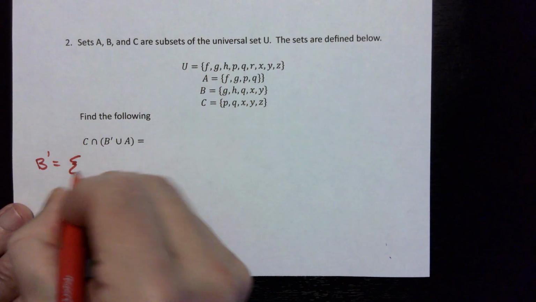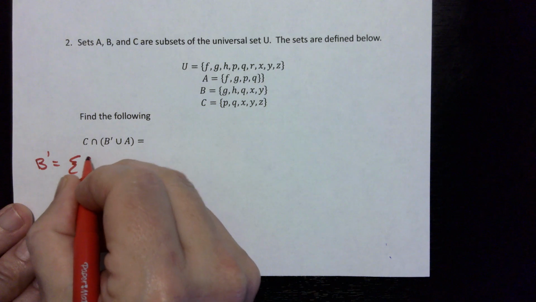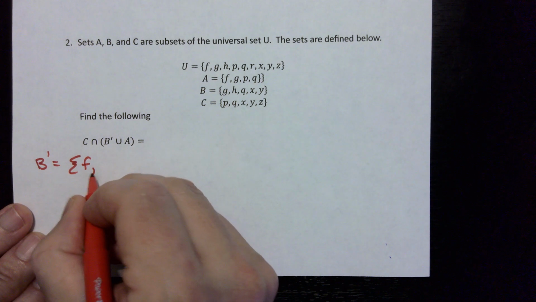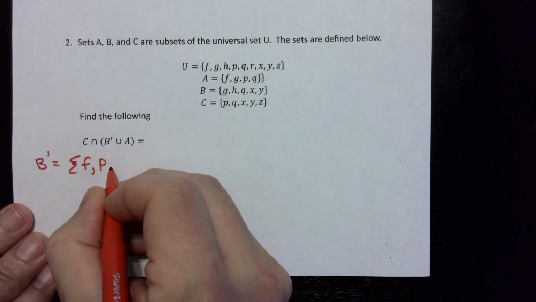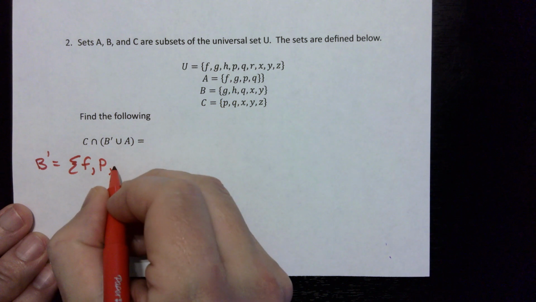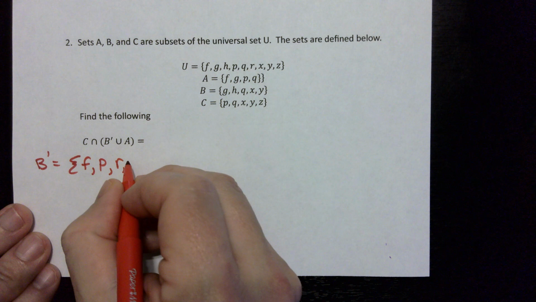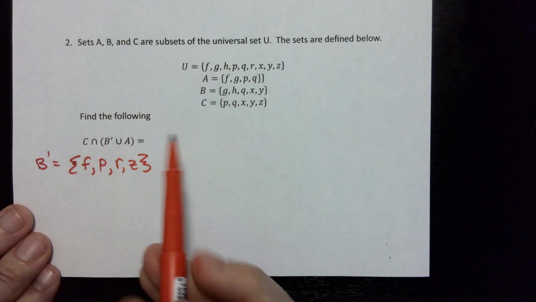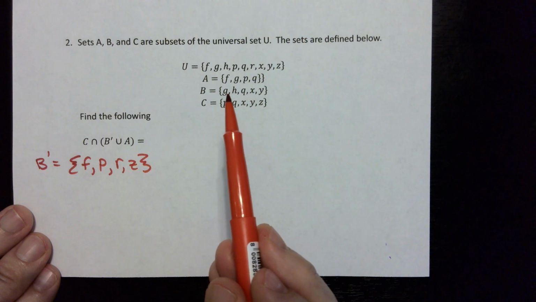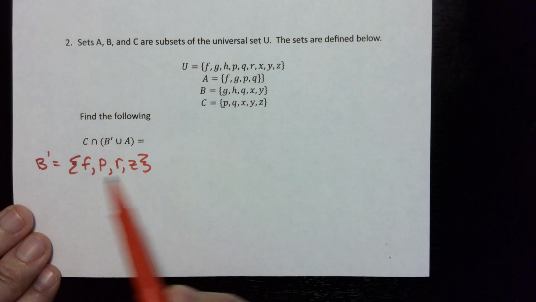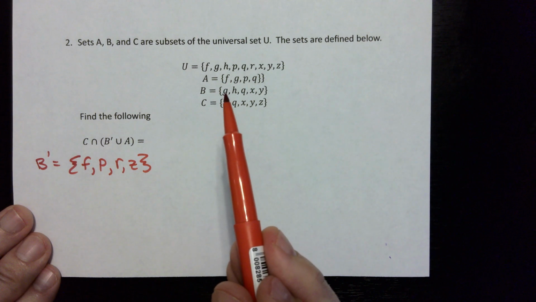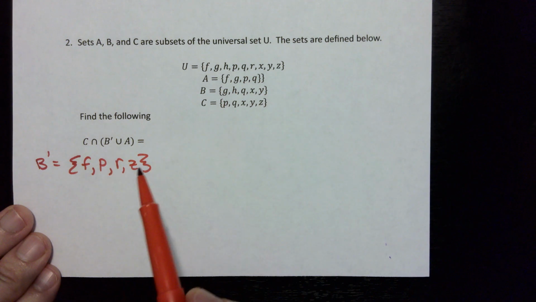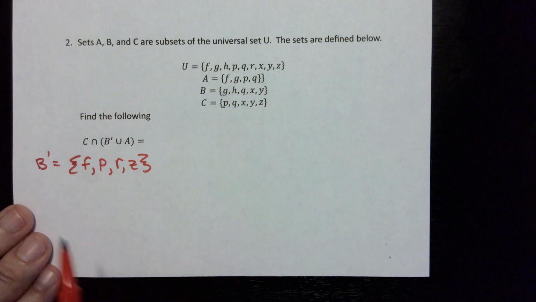So that will contain F, P, R, and Z. That is B complement. Notice there should be no overlap. In B we had G, H, Q, X, Y, and none of those are here.